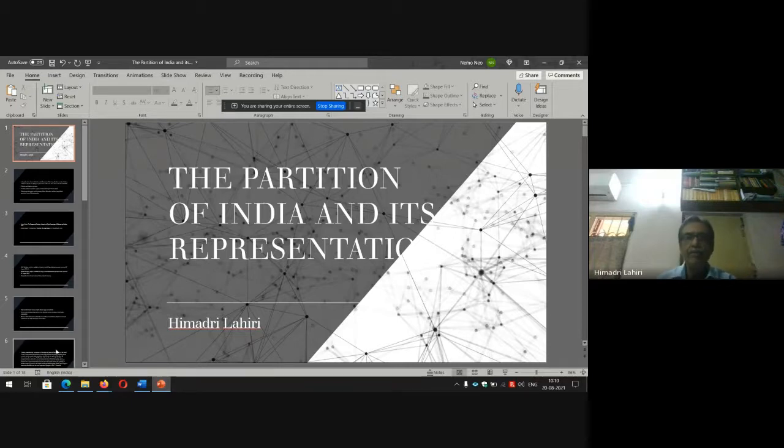Now, today's focus will be the partition of India and its representation. And you will note with interest that the word representation is something which is ideologically mediated.